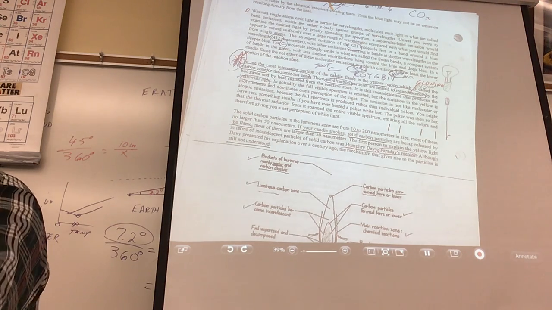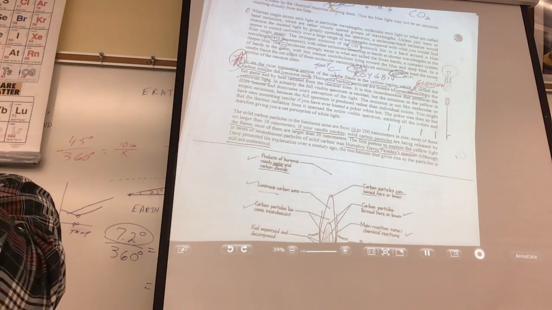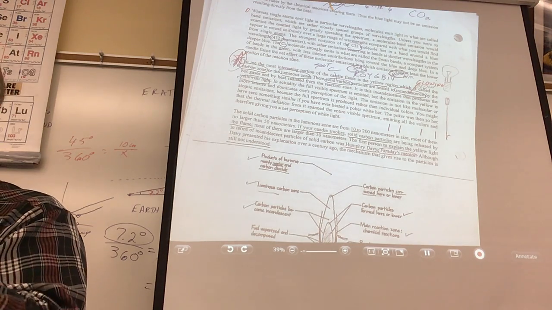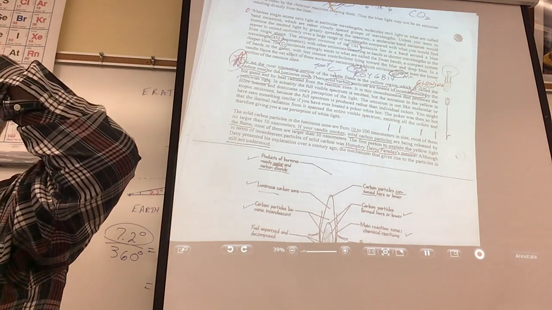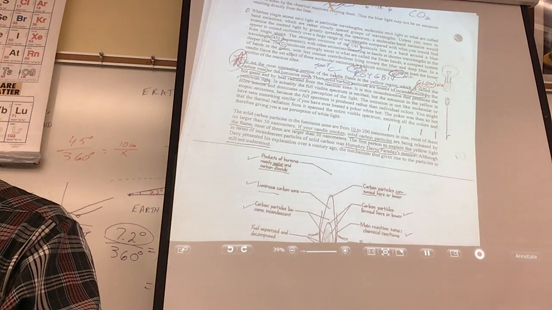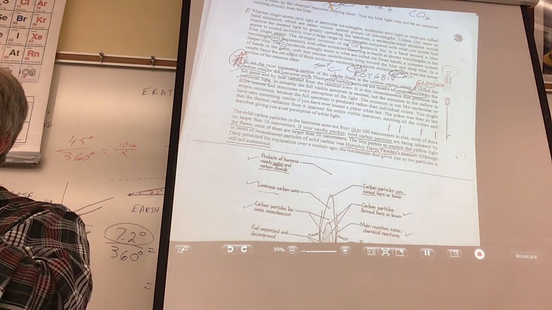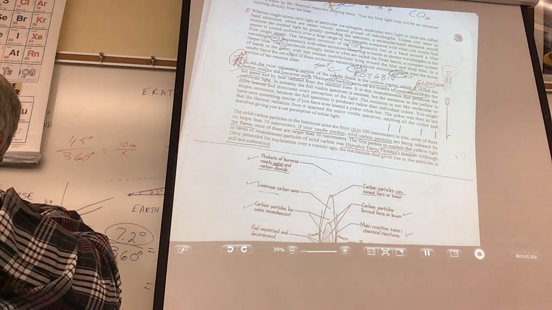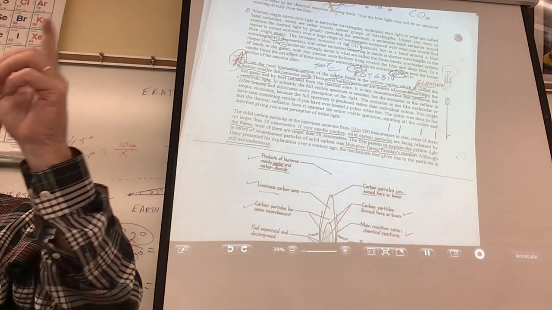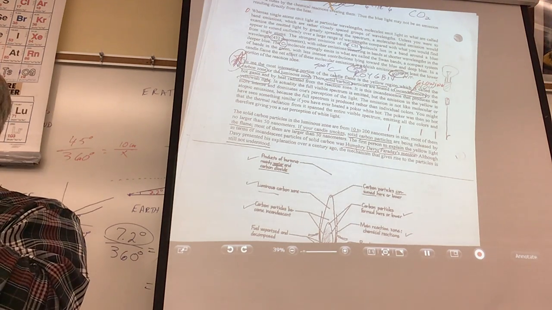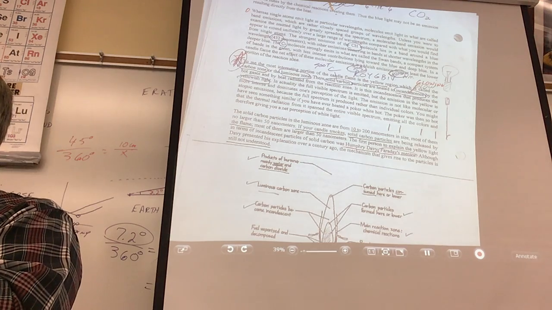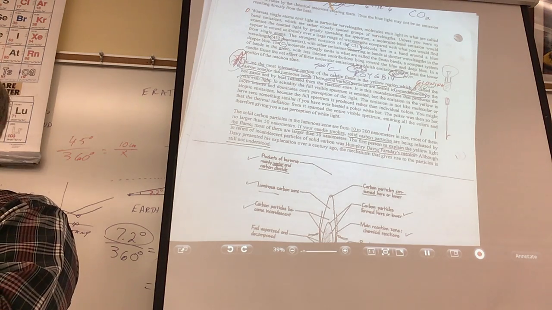LEDs don't have a little filament in there. They don't have a little thing that glows. Just like these fluorescent tubes, there's no wire that runs down the middle of the fluorescent tube. It's mostly a vacuum, and it has a powder coating on it. And electricity runs from one side of the tube to the other, and it excites the powder in there, and it makes it glow a little bit.